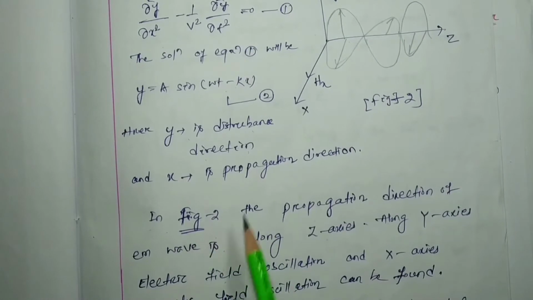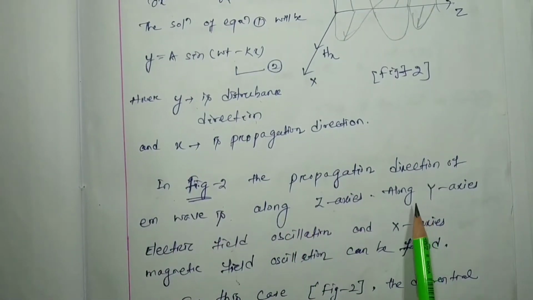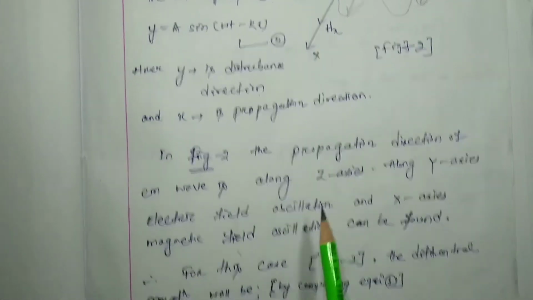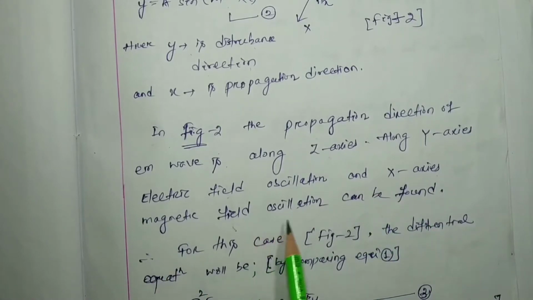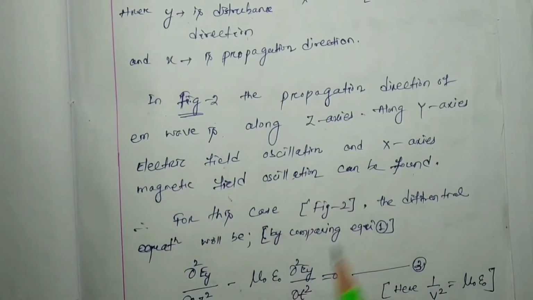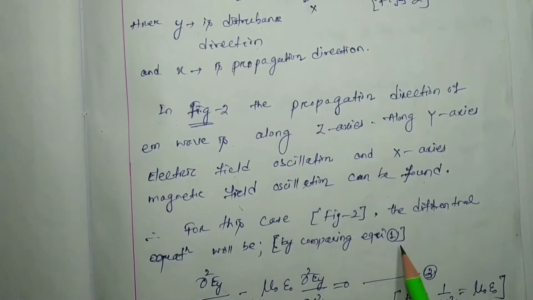So figure 2: in figure 2, the propagation direction of the EM wave is along the z axis, the electric field oscillates along the y axis, and the magnetic field oscillation is along the x axis. For this case, in your figure 2, the differential equation will be found by comparing with equation number 1.